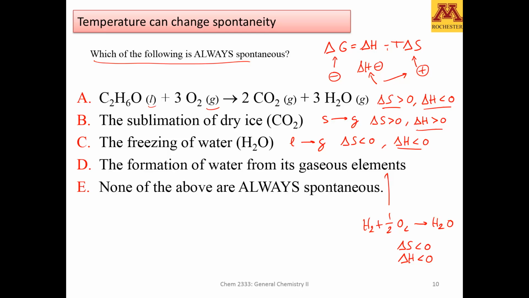And again, we do not know exactly, unless we have the actual numbers, at what temperature that may change the spontaneity. Okay, so notice that the only one in which the entropy is favorable, that is, it points to this tendency to spread out molecules, and the enthalpy points to this tendency to minimize the energy, A is the only case in which that happens.